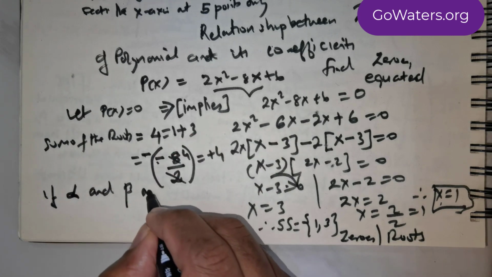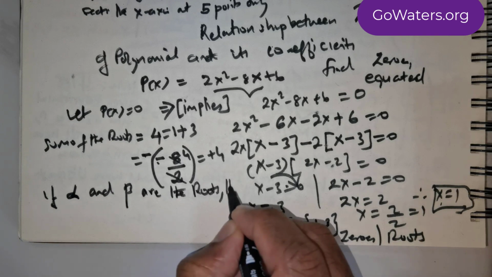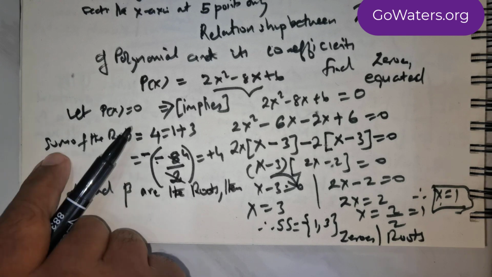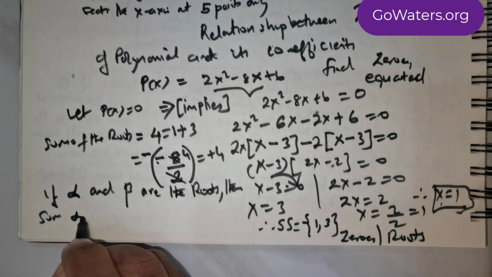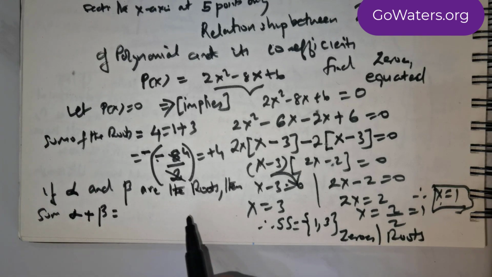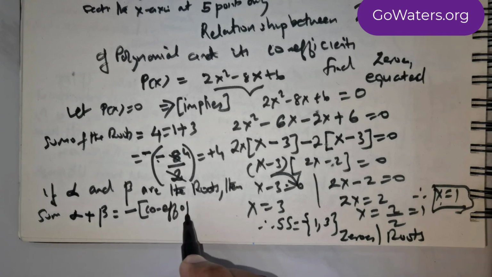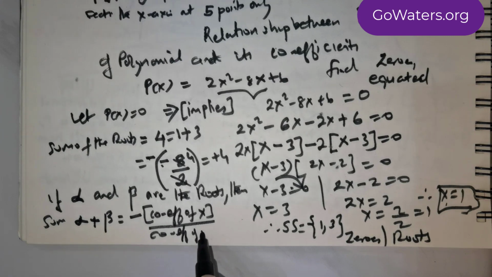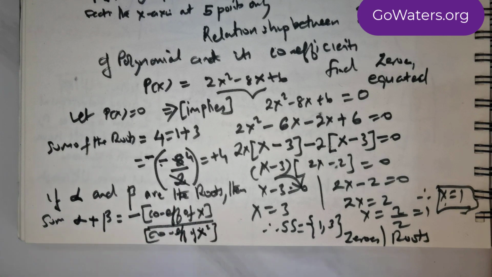If alpha and beta are the roots, then the sum of the roots, alpha plus beta, is nothing but negative of coefficient of x divided by coefficient of x squared. Right? This is the all important formula.